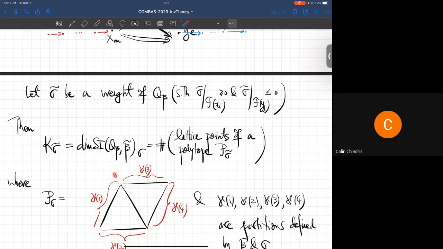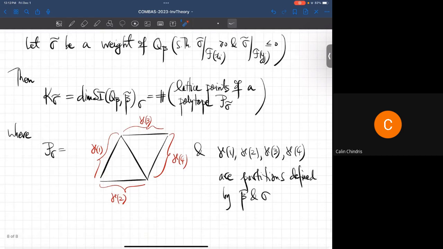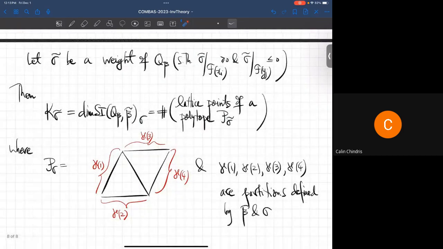What we did was to glue these two hive polytopes along this common side. In this way, we get this polytope whose boundary is fixed by the parts of these partitions, where these partitions can be combinatorially derived from beta tilde and sigma tilde. And the number of lattice points turns out to be exactly our weight space of semi-invariants.